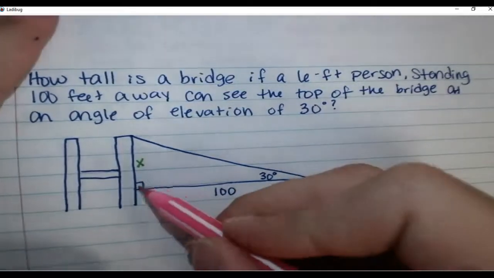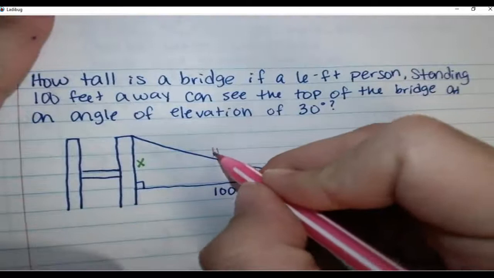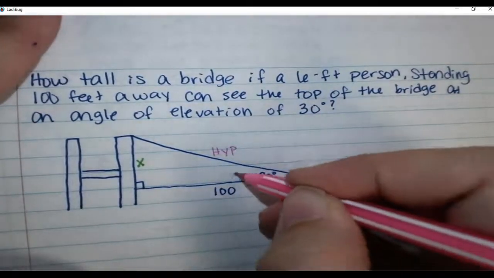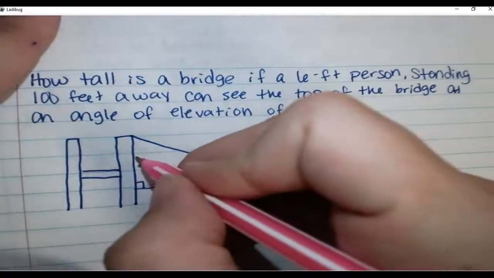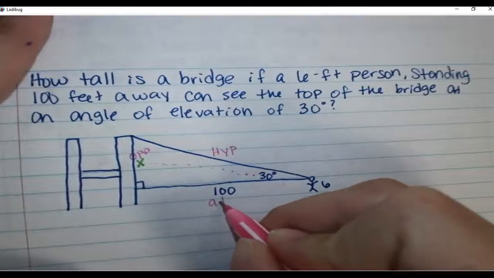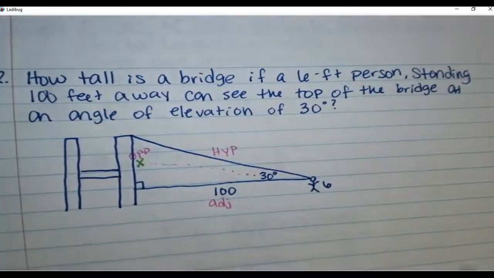Alright, so we label it. So here's our right angle. So here's our hypotenuse. If we go across from our 30, opposite, that's what we're looking for. And then the 100 is our adjacent. So, what trig function do I use?